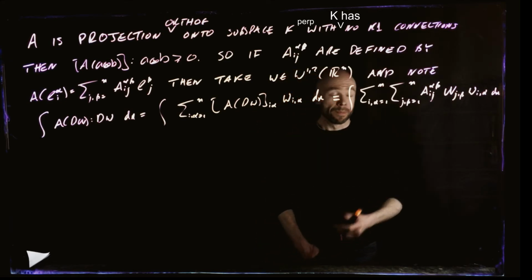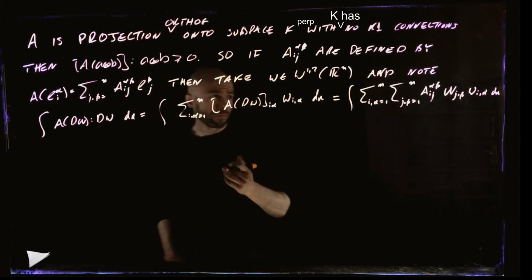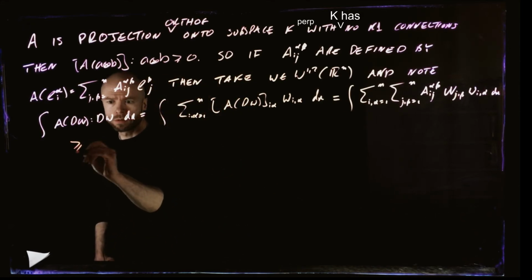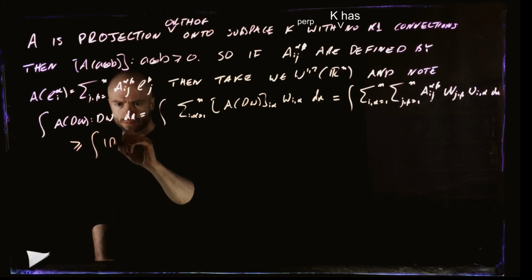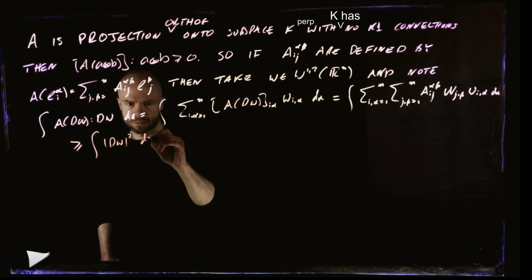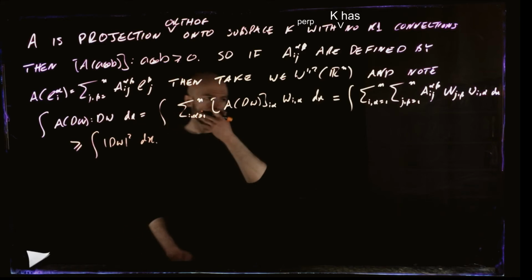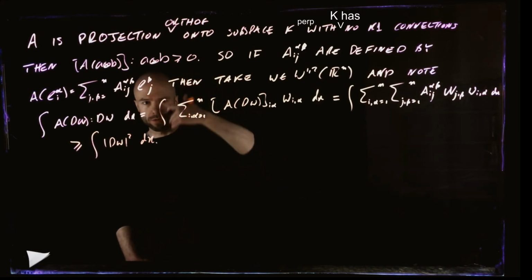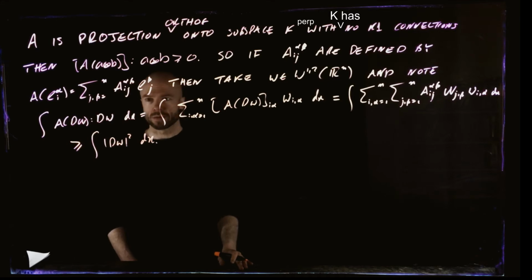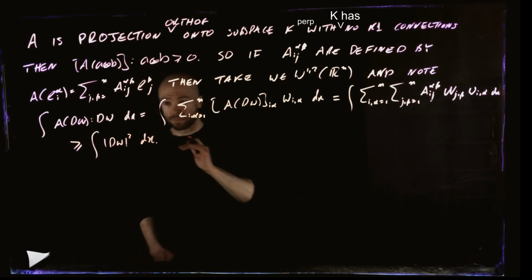Cool. And then this is the thing that we saw we can bound by this. Okay, and that was our first inequality. That was the thing that we did with the Fourier transform and Plancherel's theorem.